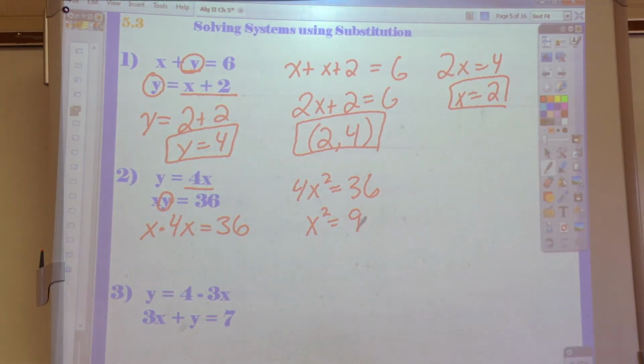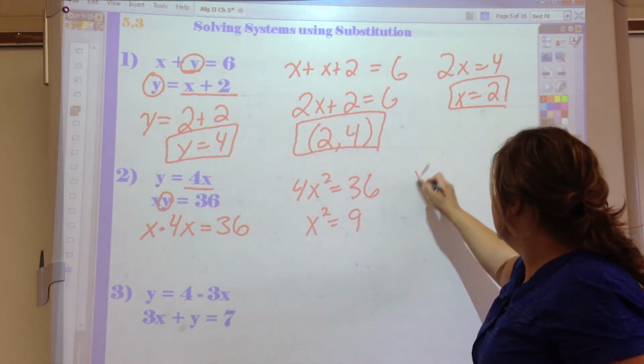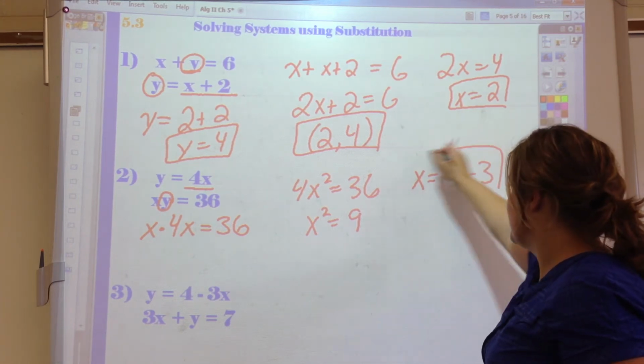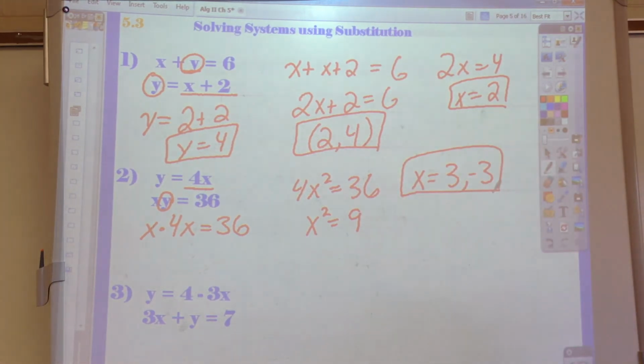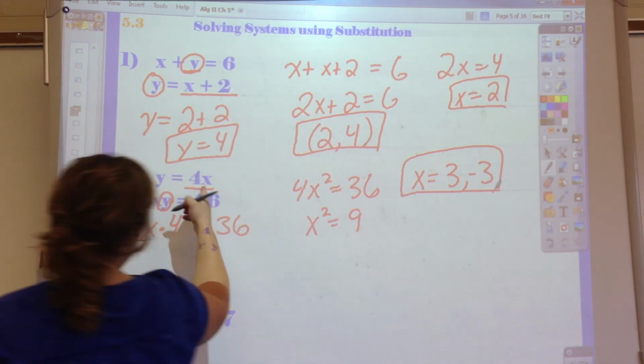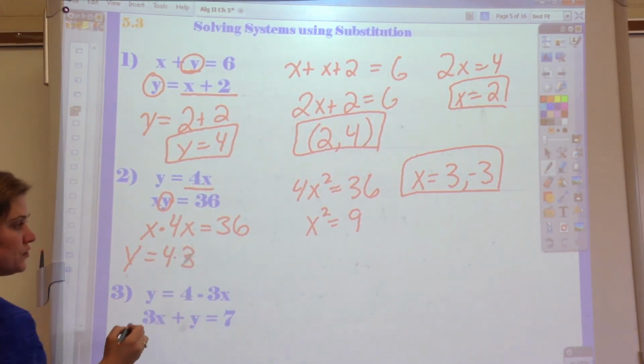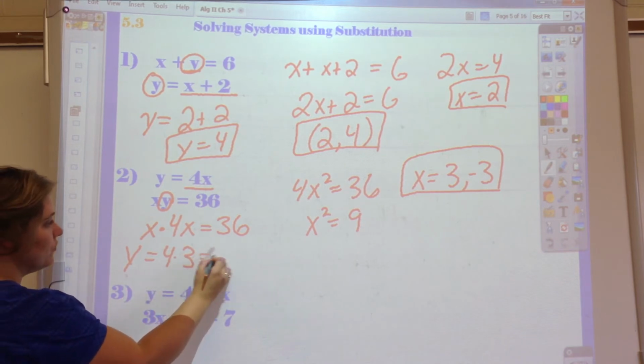Finally, I need to square root, which means I get not one solution, but 2. When I square root, I should get both a positive 3 and a negative 3. Those are my two solutions for x. And when I plug those solutions back in for x to find y, when x is a positive 3, I get 12.